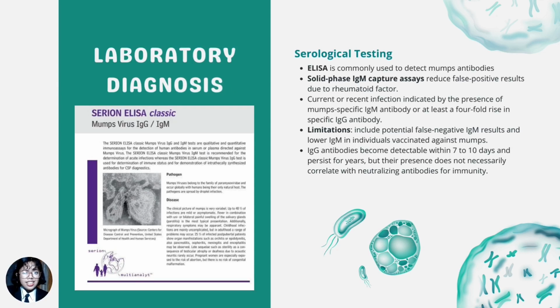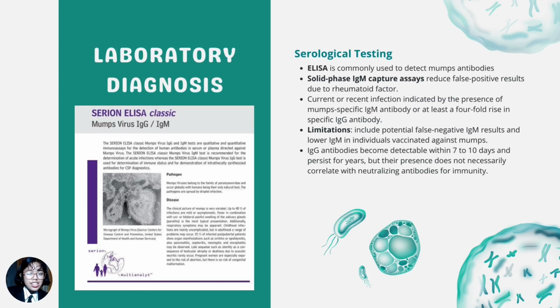Lastly, still under the laboratory diagnosis of mumps virus, let's explore serological testing, where ELISA takes the spotlight as the commonly used method for detecting mumps antibodies. Known for its sensitivity, specificity, cost effectiveness, and ease of performance, ELISA proves invaluable. To compensate for the incidence of false positive results because of rheumatoid factor, solid phase IgM capture assays are commonly utilized.